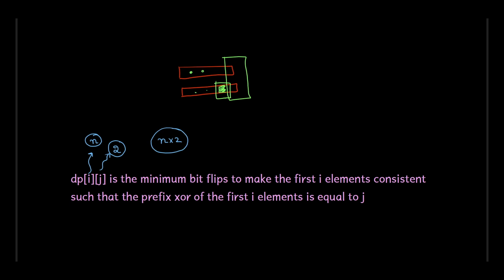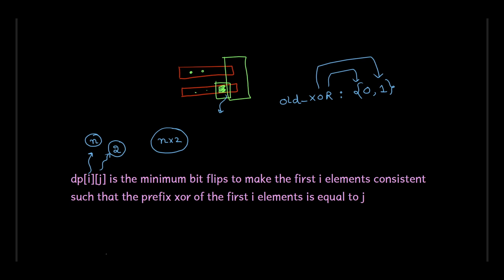Now this old XOR that you have computed, which is that green box that you see over here, can only be in the set 0 and 1. So let us fix this and assume that this old XOR is either equal to 0 or equal to 1.